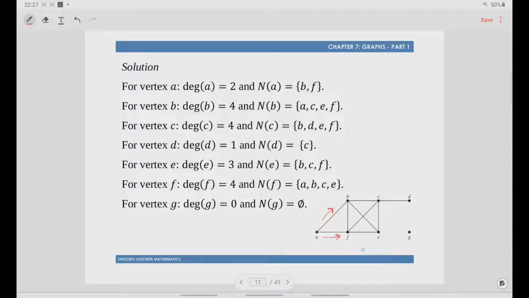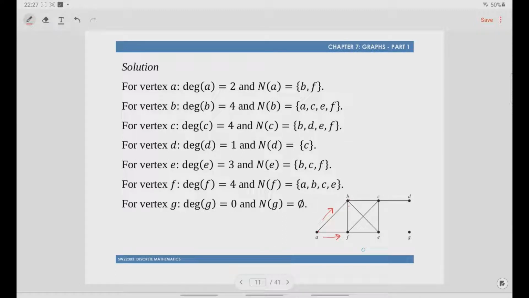For the vertex B, the degree is 4, because B is connected to A, F, E, and also C. N(B) equals {A, C, E, F}. For the vertex C, the degree is 4, and the neighborhood of C is the set containing B, D, E, and F.